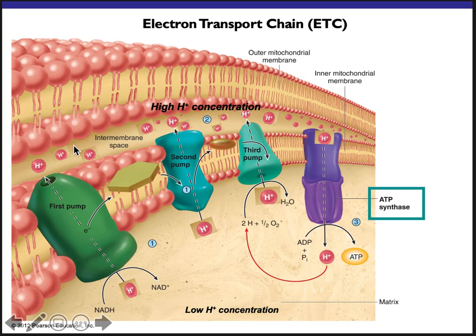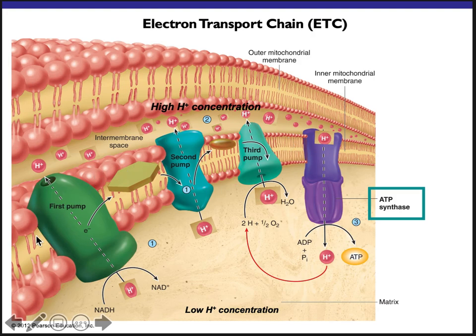Okay, where did all the protons come from? These pumps are pumping the protons from the matrix to the inner membrane space. Okay, and of course this is a eukaryotic organism because we're looking at a mitochondria. If it was a prokaryote, it just simply would not have a mitochondria, and it would just be doing this in the only membrane that it has, the plasma membrane.